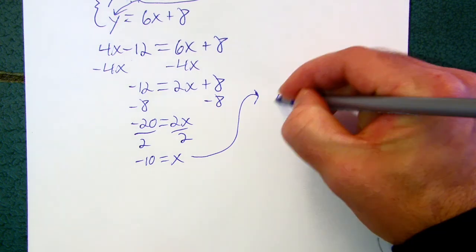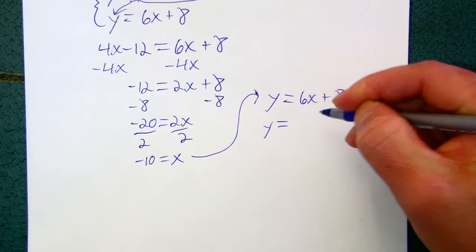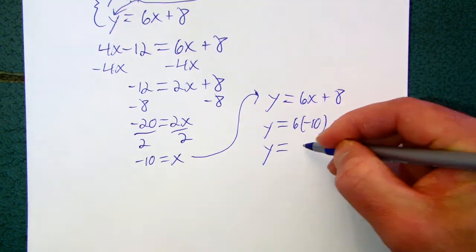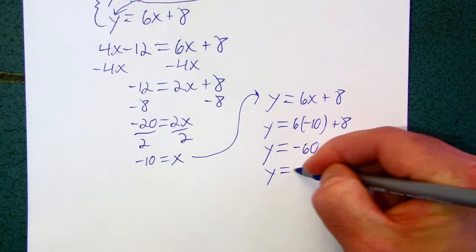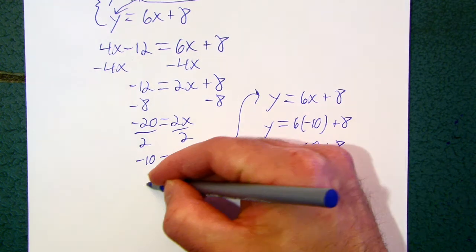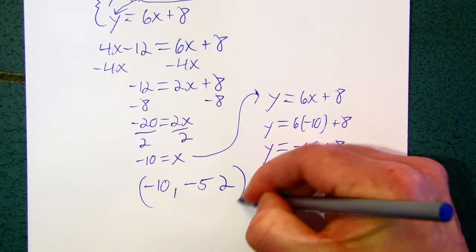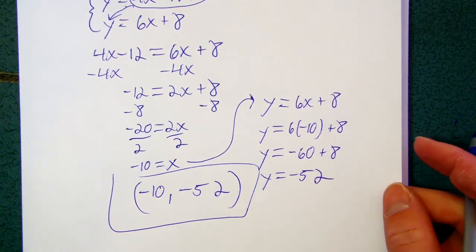All right, so y equals 6x plus 8, so that means I can put negative 10 in for x. So I get y equals negative 52. So you're going to get negative 10, comma, negative 52. So we go back up here.